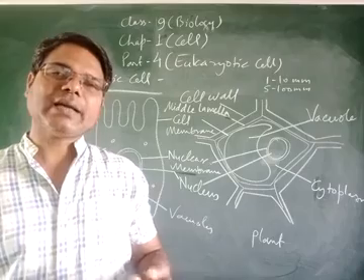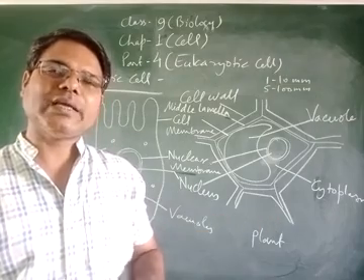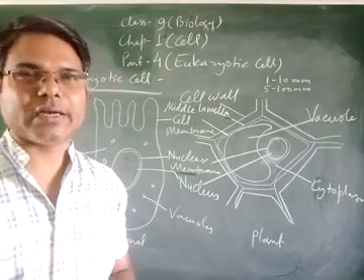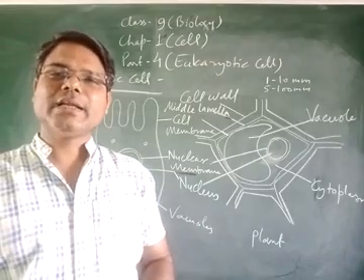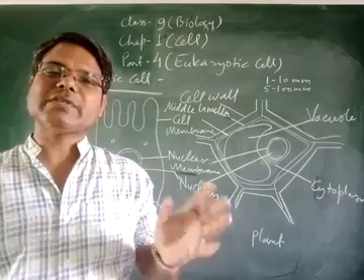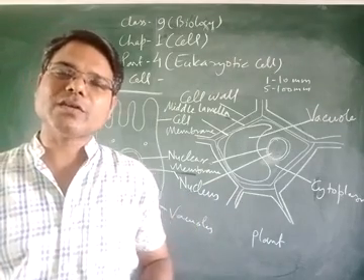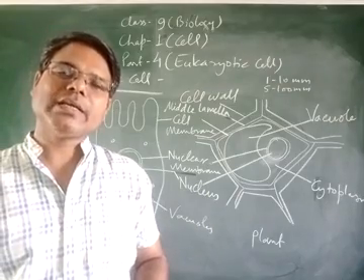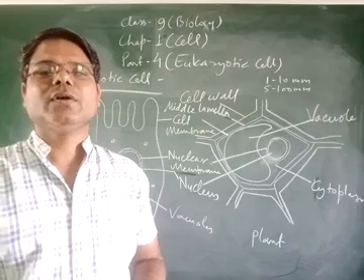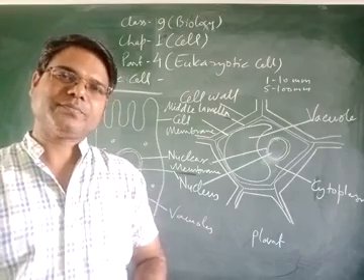These buds are detached from the parent body and act as a new organism. So there is no cell division taking place in the prokaryote, but multiplication of prokaryote takes place with the help of fission and budding.